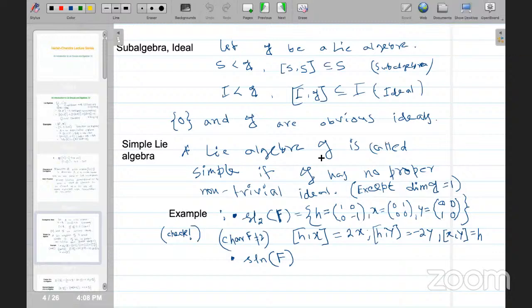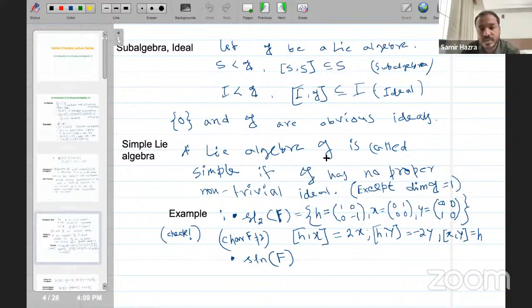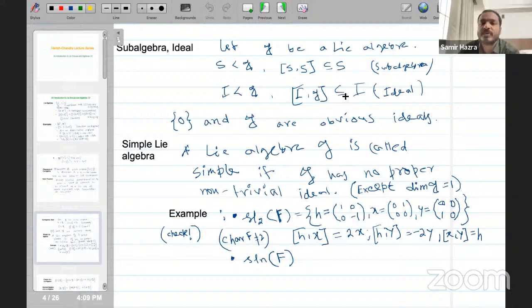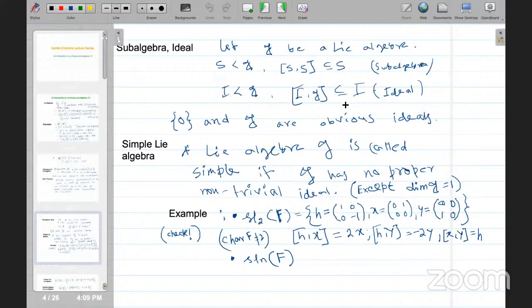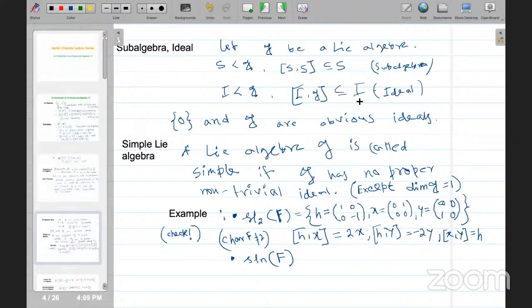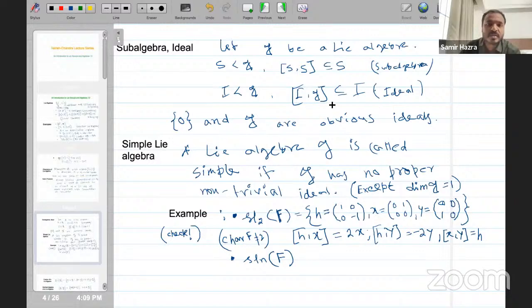Samir, you have written the notation for ideal wrong. The notation for ideal I should be something like a triangle, right? Here, no. In Lie algebras, I have never seen the triangle like in groups. In any case, this is the definition: if this is contained in I, then that's okay.